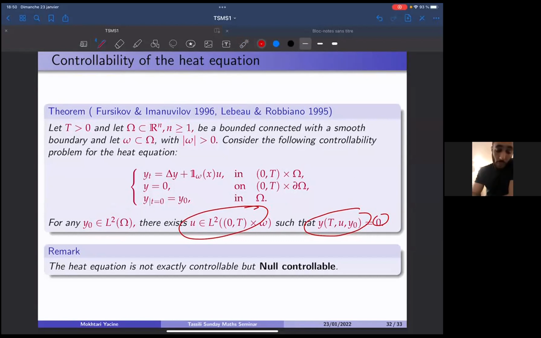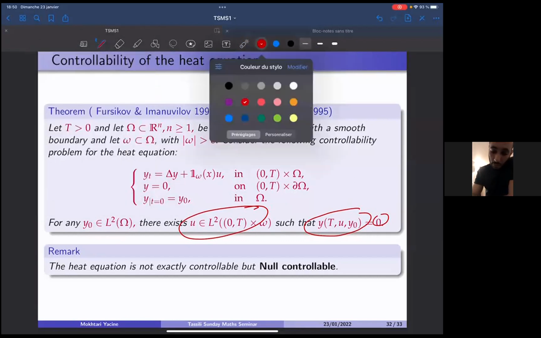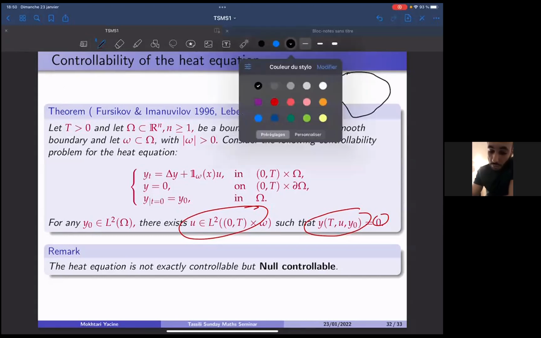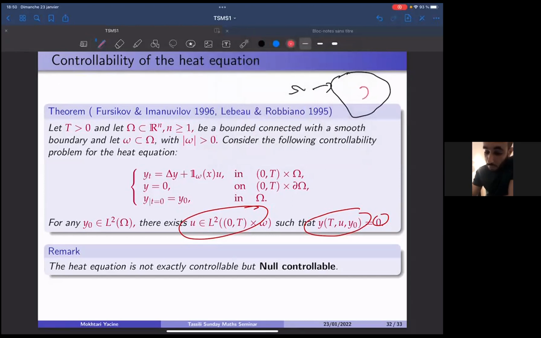We can see that the heat equation is not exactly controllable by a very simple argument. If big omega, or capital Omega, is this domain, and the small omega is shown in red, we know that without control, the semigroup of the heat equation is analytic.